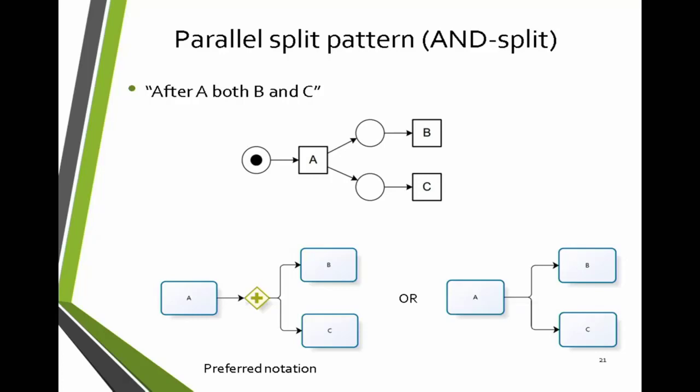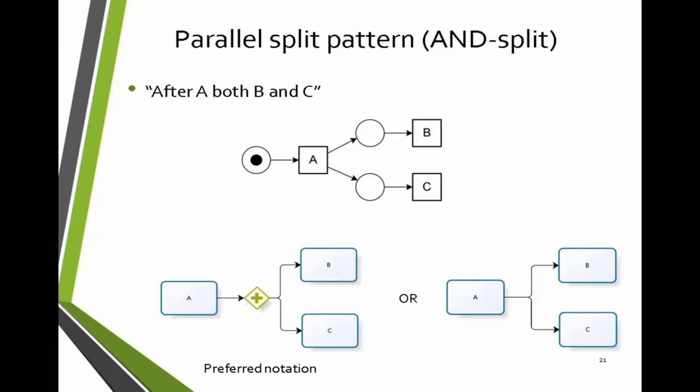After transition A, you basically have two outgoing places, and they basically create two parallel branches in the model. A parallel branch, because this place will get a token, and this one as well. So B and C can basically execute at will, irrespective of each other's execution. That's the logic behind it.